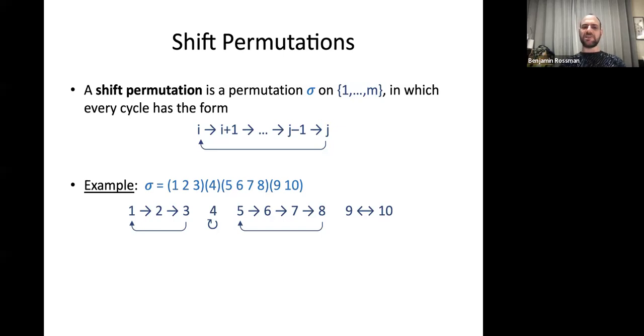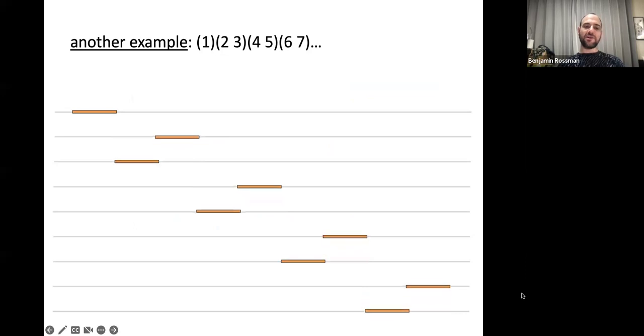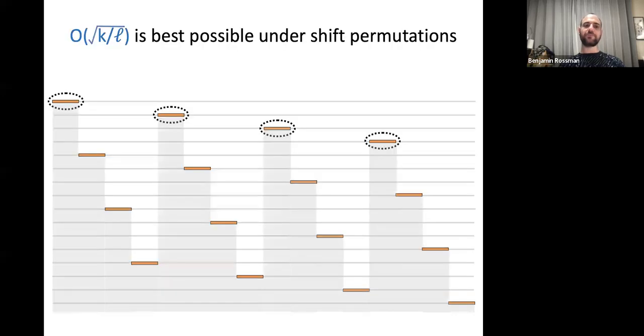Here is an example in cyclic notation: the cycle 1, 2, 3, then 4 is fixed, then the cycle 5, 6, 7, 8, and then a transposition between 9 and 10. Another example, which we already saw, improves the score to k over 2 by transposing every other row. This fits the definition of a shift permutation, and we increase the score from 1 to k over 2.